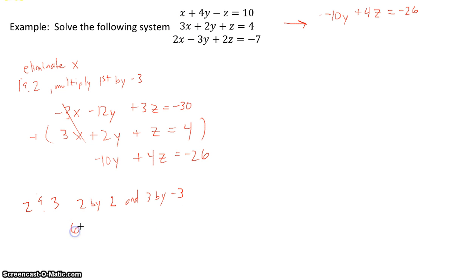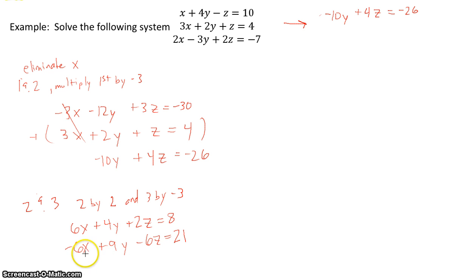So I have 6x plus 4y plus 2z equals 8. I'm going to multiply this one by -3. I get -6x plus 9y minus 6z equals 21.